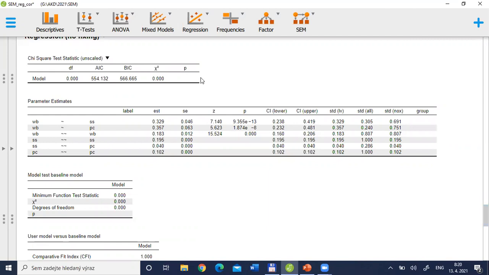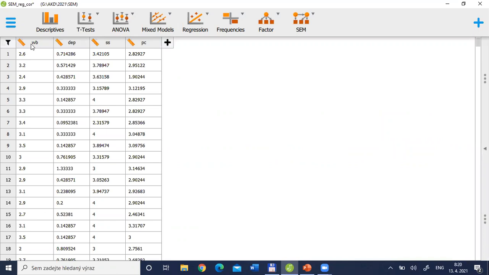And why is it so? As the input for my computation, I have 1, 2, 3 variables. If I take it from a structural equation modeling perspective, I am using 1, 2, 3 variances. I'm also using 1, 2, 3 covariances. So I have 6 pieces of information as the input.